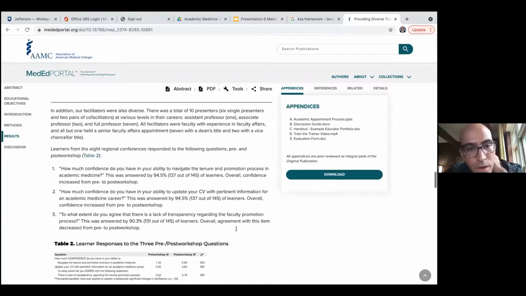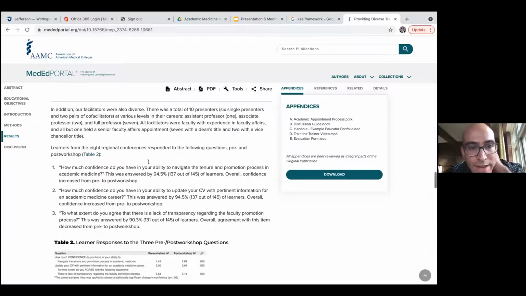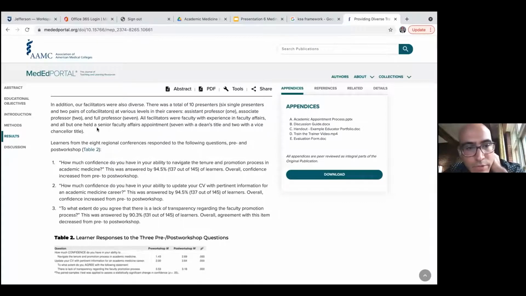Then we also did a breakdown of who our facilitators were. Some of our facilitators were single presenters, others were collaborators. Some of our presenters were across different professional levels, from assistant professor all the way to full professor.